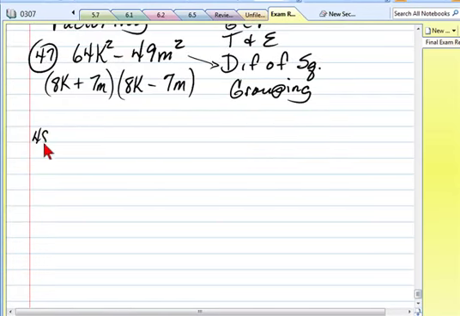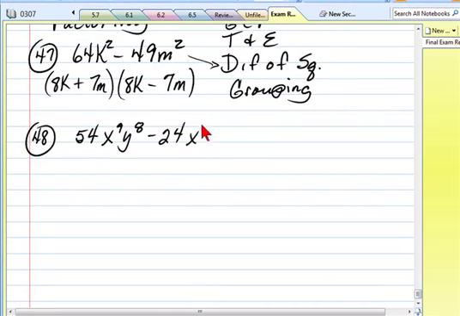Problem 48 has a lot of powers in it. I have 54, x to the 9th, y to the 8th, minus 24, x to the 7th, y to the 6th, plus 18, x to the 3rd, y to the 3rd. Is there a common factor? Okay. Does 6 go into each one of those?